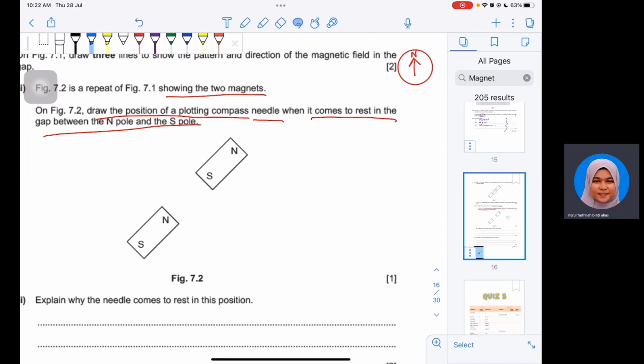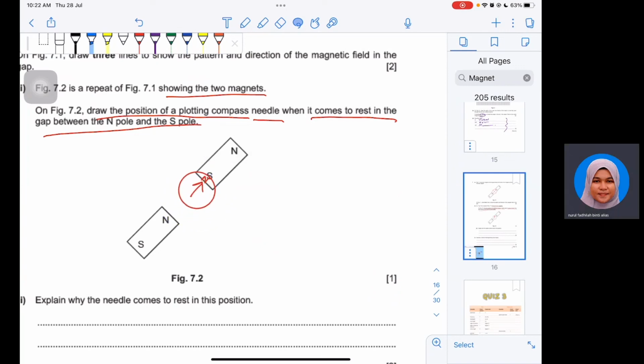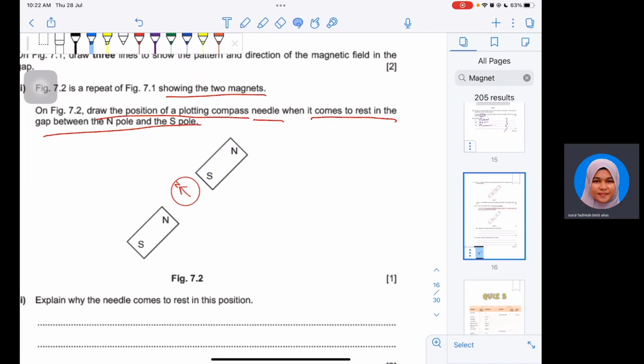Nak cari tempat pengakap kan? Guna kan? Tapi once you place the compasses near magnetic material, what's gonna happen? Mana pergi arrow dia? North ke mana? Ni betul. South siapa? South of the earth ke south of what?